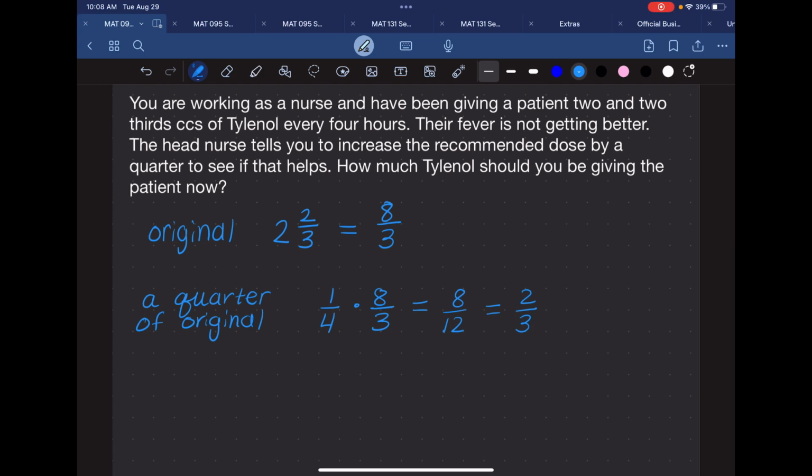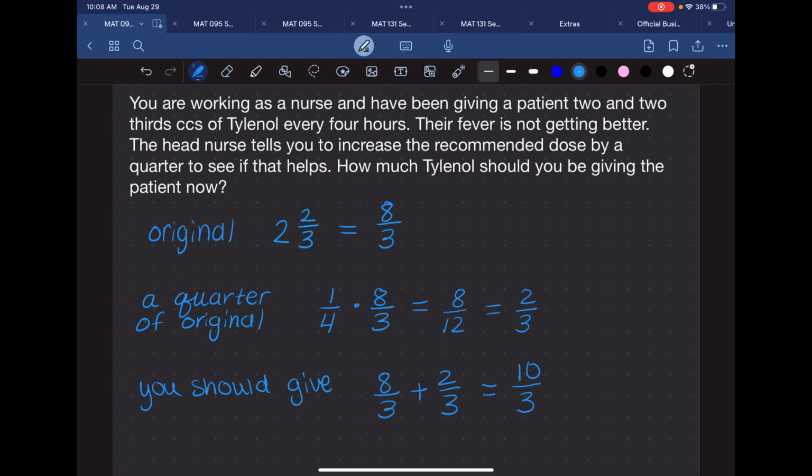So this is the amount that we need to add on to our original amount. It asks, how much Tylenol should you be giving the patient now? You should give our original amount, 8/3, plus the 1/4 that we're adding on, which is 2/3. So we get 10/3.